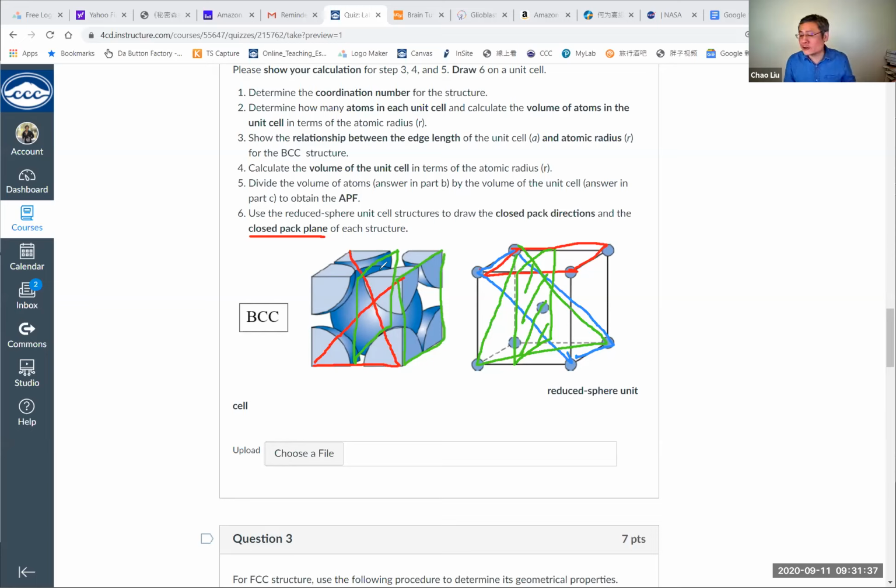How do you actually mark these two different planes? That's what we call the Miller's index. So you're going to learn this one. I'm not sure if you guys have started or not. This is another important topic that you're going to learn. Okay, any other question about this one here?